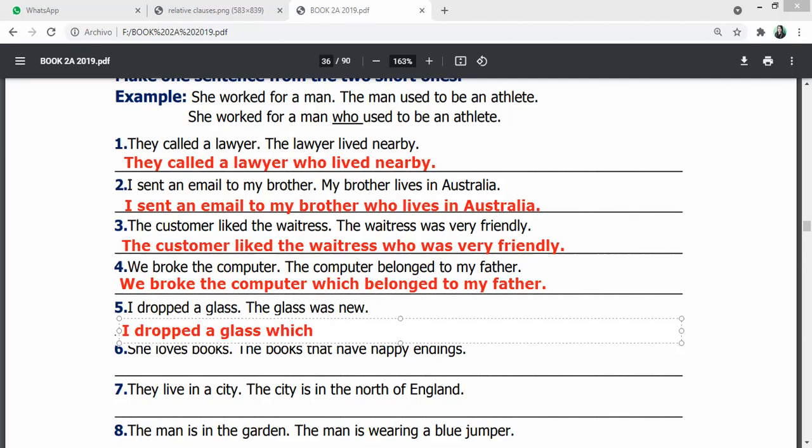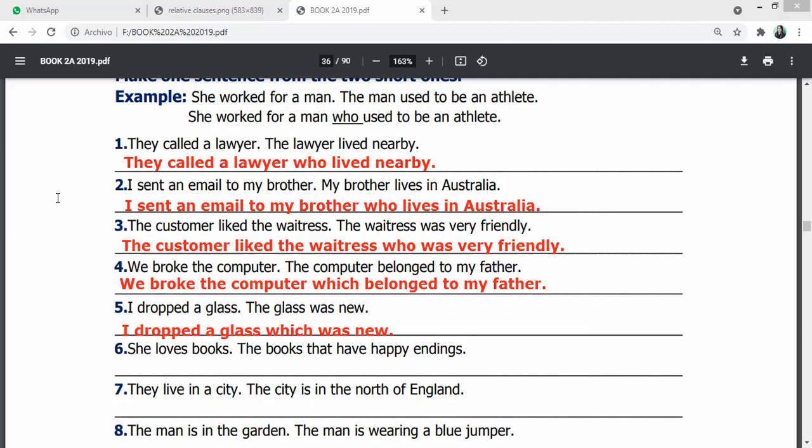No vamos a repetir el noun. Okay, we are not going to repeat the noun. Which was new. Or instead of saying which, because we have which in the number 4, we can say that too. Okay, we can say that was new or which was new.